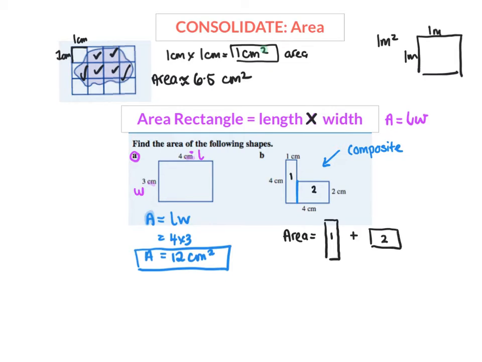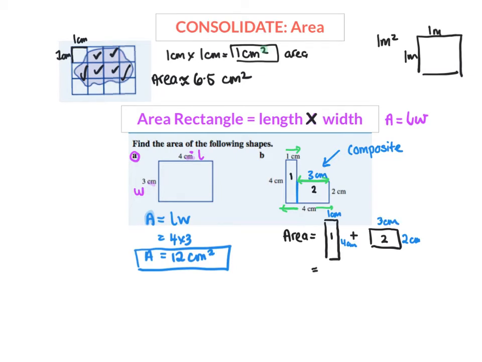Now, if you have a look, I know this is 1 centimeter and I know this is 4 centimeters. And I know this side is 2 centimeters. Now, I need to know what this little bit here is. If the whole way across is 4 centimeters, but this bit is already 1, then I can tell that this must be 3 centimeters. So I'll write that in my little diagram.